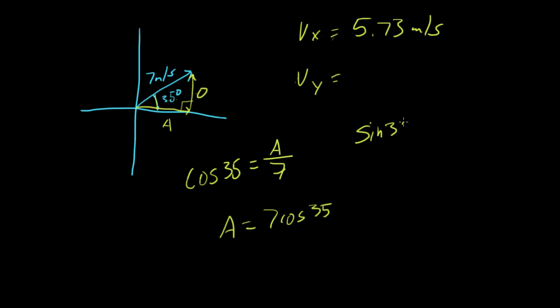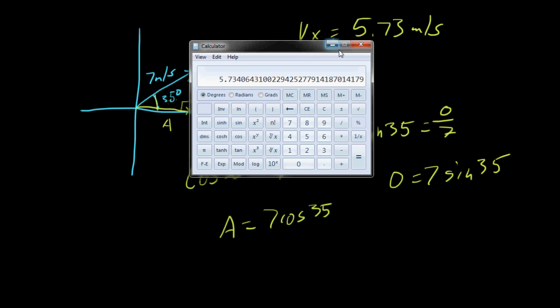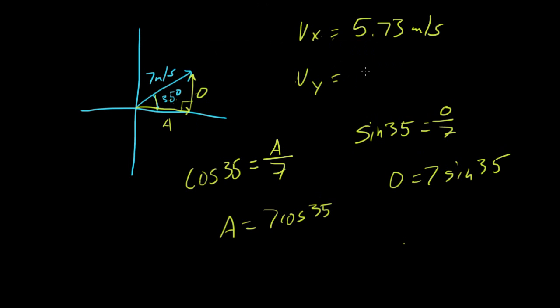So sine of 35 is equal to opposite over hypotenuse, over 7. So opposite equals 7 sine of 35. Pretty simple. So we get about 4.02, call it. So the equivalent horizontal velocity is 5.73. The equivalent vertical velocity is 4.02. It's basic trig. This is right triangle trigonometry. You should have seen it before.